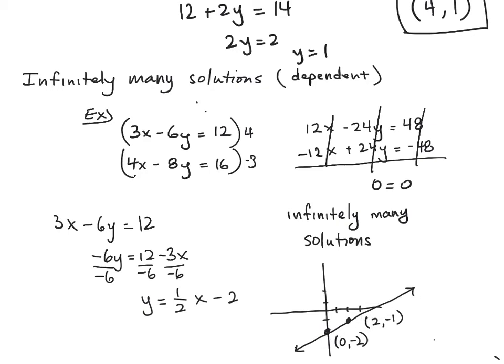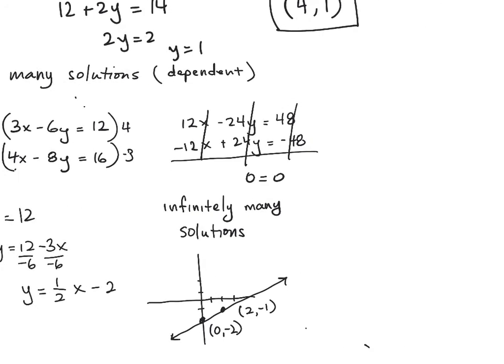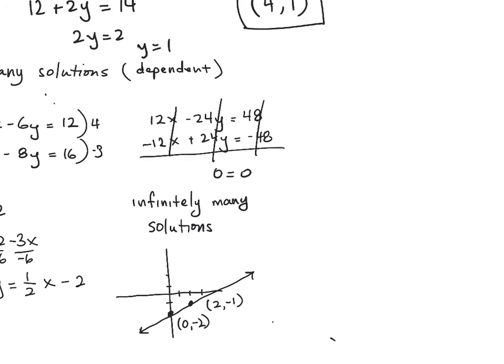So what the book is going to ask on the homework, and this would also be a requirement on the exam, is that if there are infinitely many solutions, you must still represent your solution as an ordered pair. What I mean by that is what you circle as an answer is not only the statement infinitely many solutions, but also an ordered pair statement.